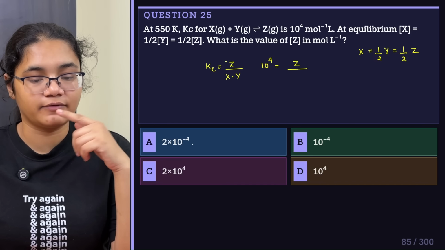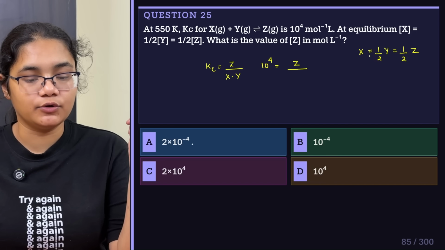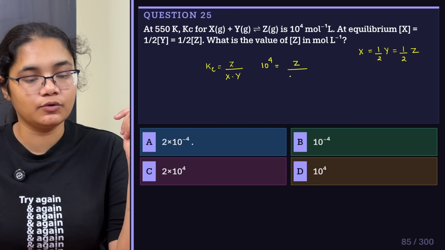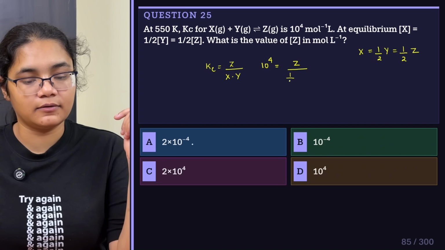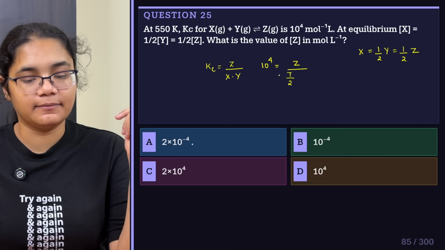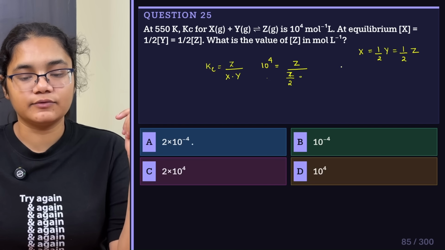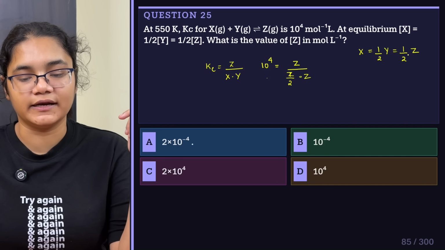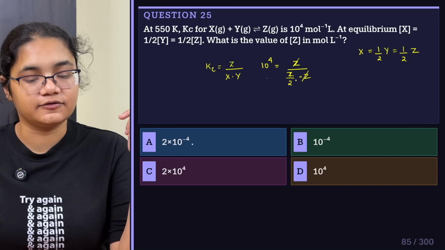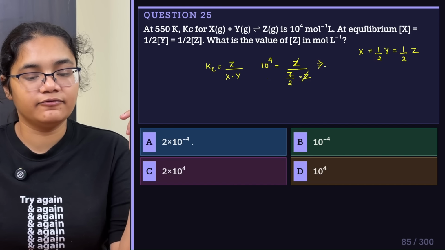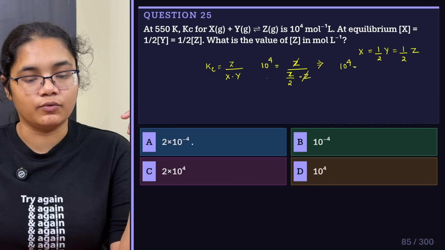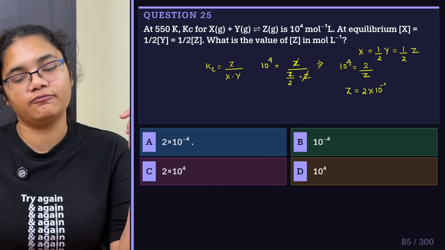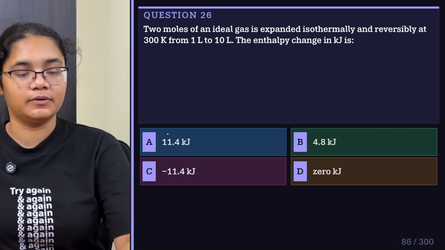X is equal to Z by 2. Next, what is the value of Y with respect to Z? It is just Z, so the 2 will get cancelled, so I will have 10 to the power of 4 is equal to 2 by Z, or Z will be equal to 2 into 10 to the power of minus 4. This was a simple question, option number A here.